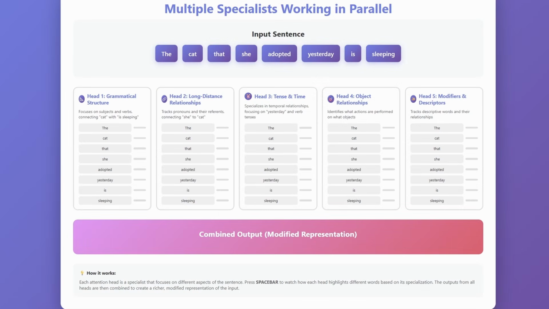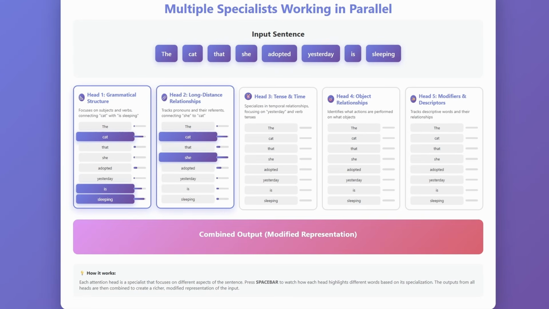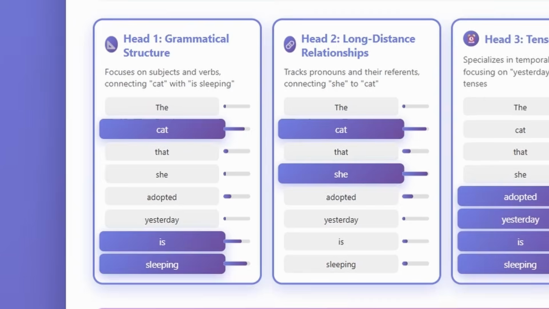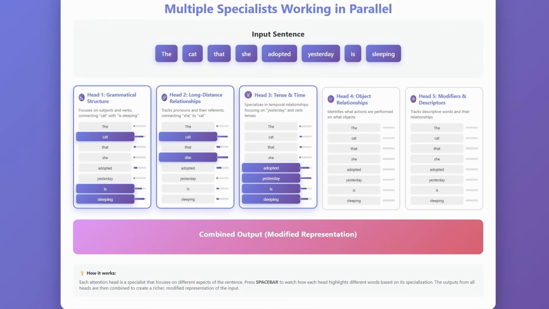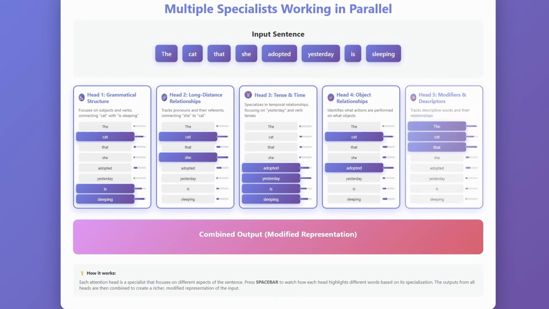Now multiply that process. Transformers don't use just one attention mechanism, they use tons. These are the attention heads. Each head picks up on different patterns: grammar, long-distance relationships, topic, style, whatever the model learned from billions of sentences. So take a word like cat. Instead of getting one updated vector, it gets 5 different versions, one from each head.